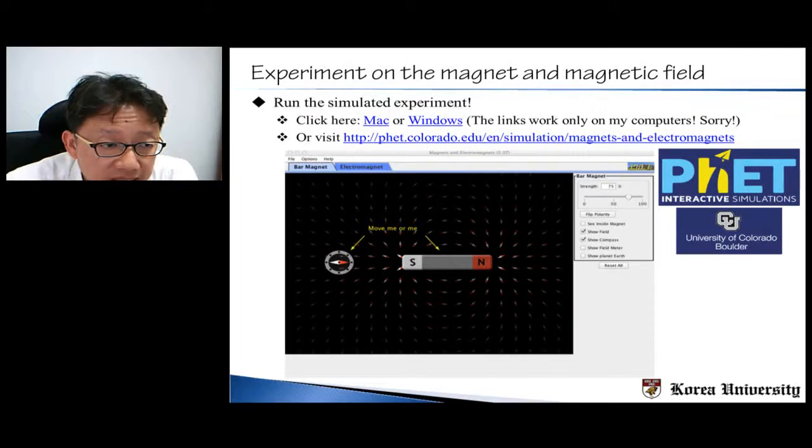Try to remember that in the case of the electrostatic Coulomb force, we interpreted it using the electric field. Similarly, here we will eventually think about the magnetic version of the field. To get some idea about this magnetic field and also the magnetic force, let's try this simulated experiment.